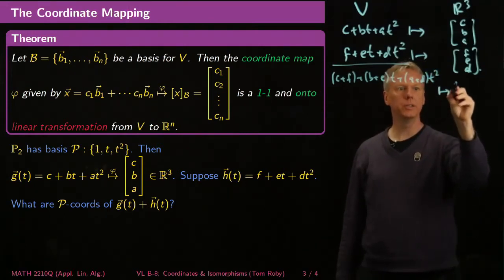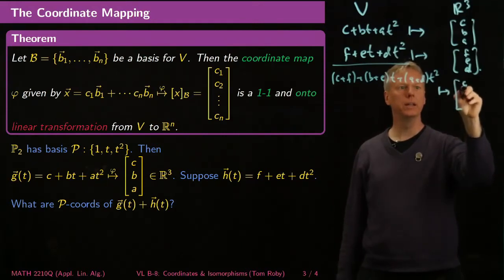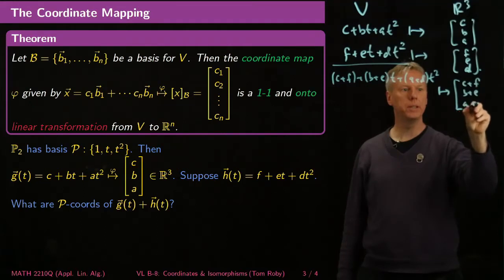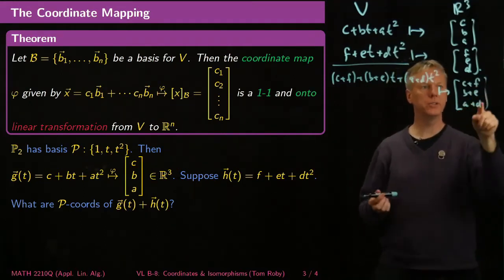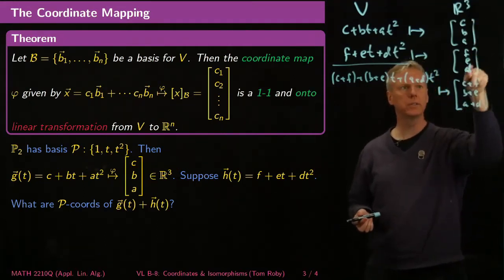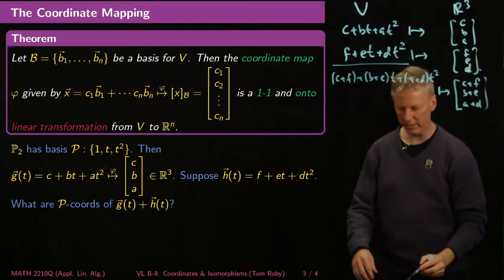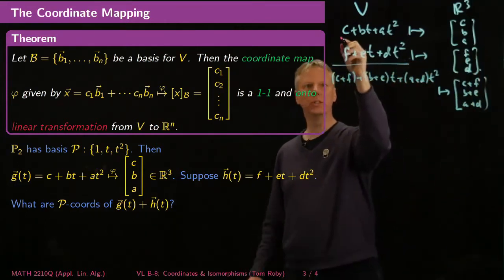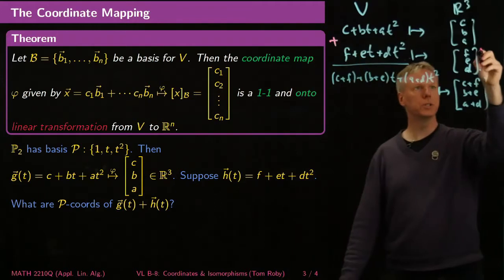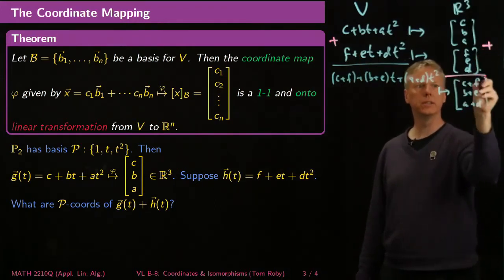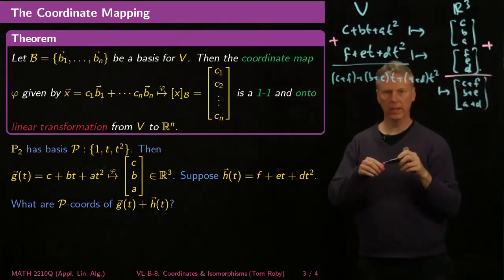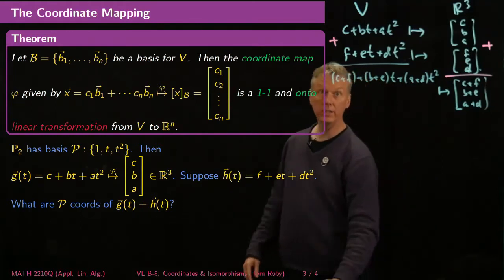Well, it just maps to the vector in R^3, (c plus f, b plus e, a plus d). But this vector is just the sum of these two vectors. So the point is that adding the two vectors here corresponds to adding the two vectors here. And so that's what it means to be an isomorphism.